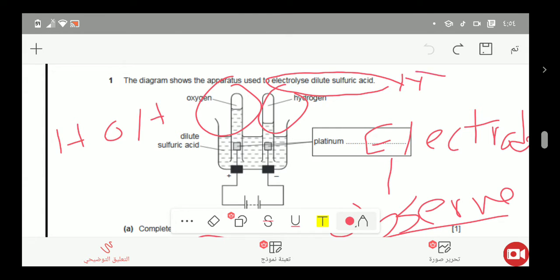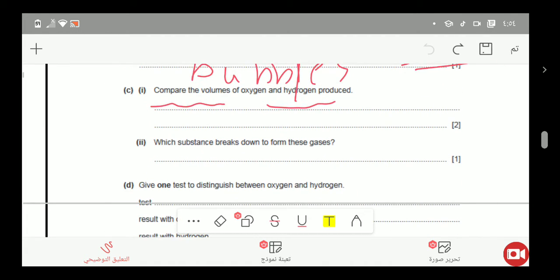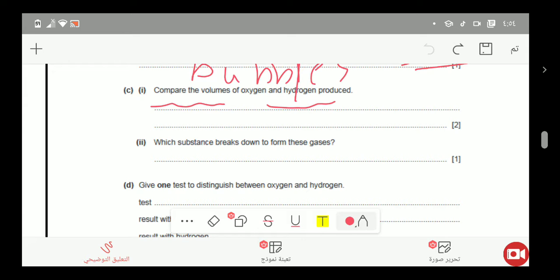So there is a larger amount of hydrogen, so we can say that the volume of hydrogen H2 is twice the oxygen. Okay, we can write it.